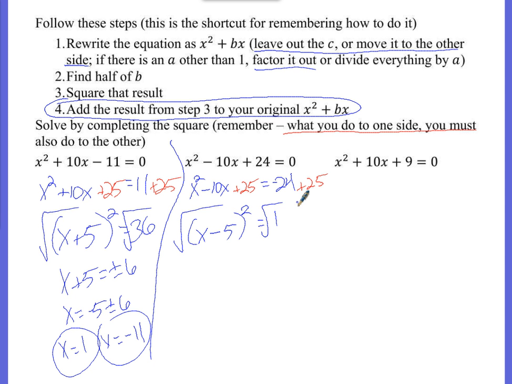And we get equals plus or minus 1. Now, adding 5 to both sides gives me 5 plus or minus 1 on the right side. And so we can simplify that. X equals 6. X equals 4.